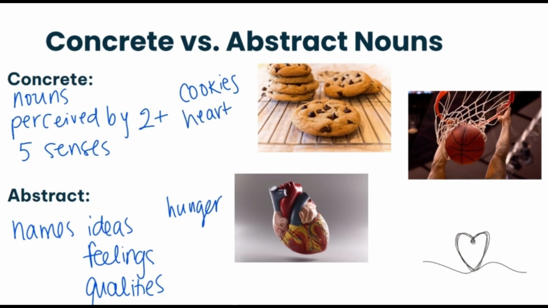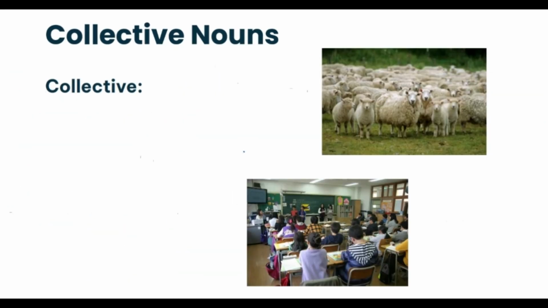But love, that's typically represented by the symbol of a heart, is something that's abstract. You can feel a basketball, but the success and the joy you might feel from winning a game is going to be an abstract noun.